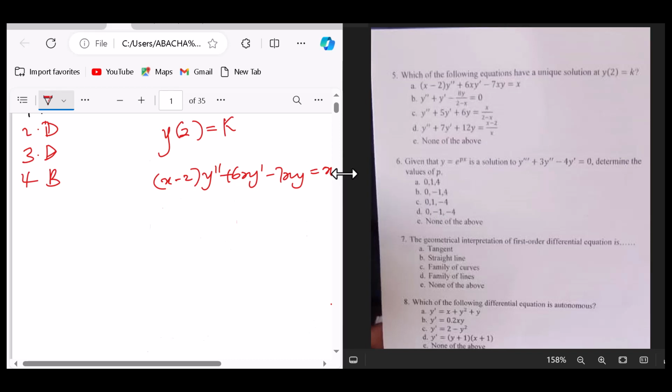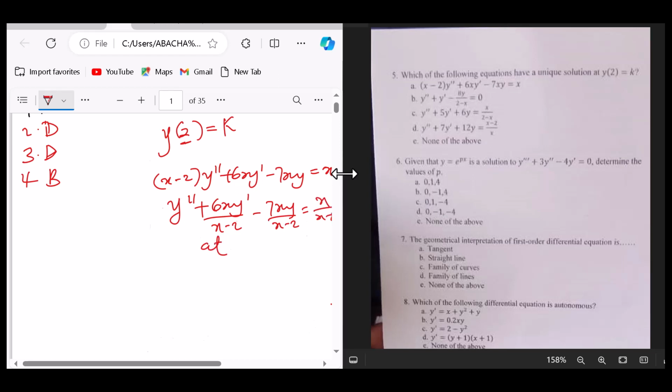And so if I put 2 inside this particular equation, the standard form will be y prime prime plus 6xy prime over x minus 2 minus 7xy over x minus 2 equals x over x minus 2.